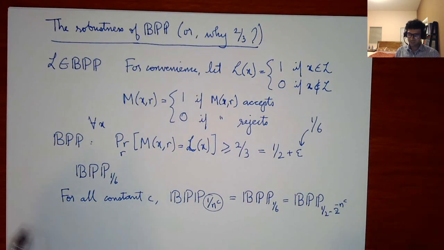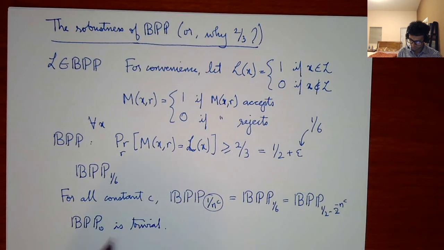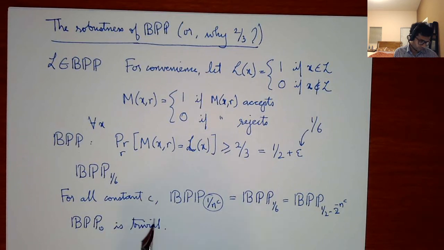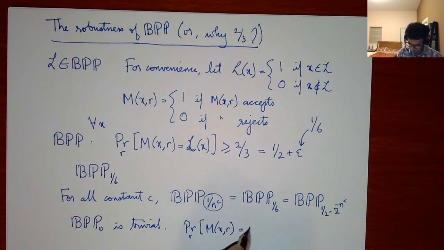Okay. So let's step back for a second. BPP_0 is sort of trivial. It contains all languages really, because for any language, the Turing machine could just flip a random coin, right? So in some sense, the probability of M(x,r) being equal to L(x) being a half, or at least a half, is trivial.